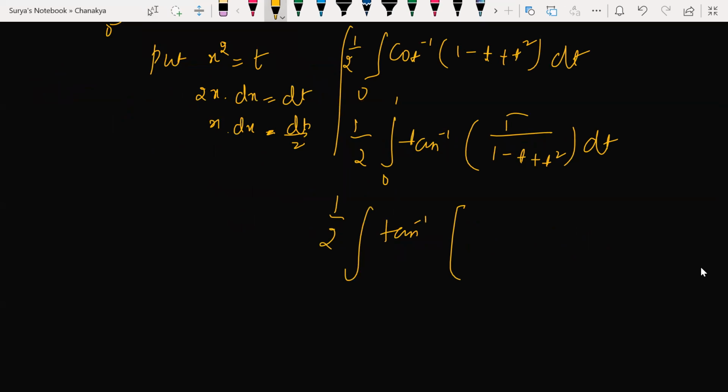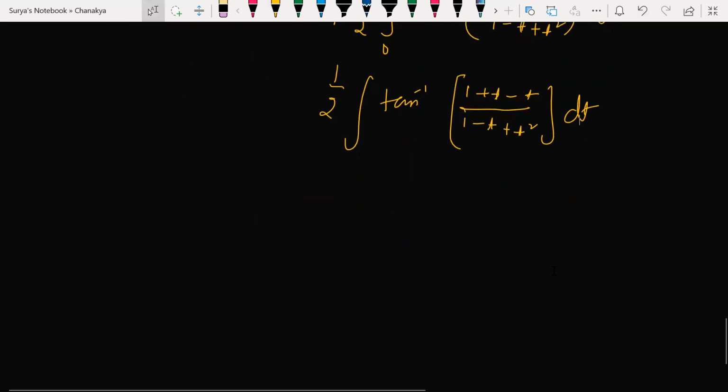Whenever you get this type of situation, we have already seen many questions. We have to add and subtract something. So let me add and subtract t. So 1 plus t minus t divided by 1 plus (1 minus t plus t square) into dt.